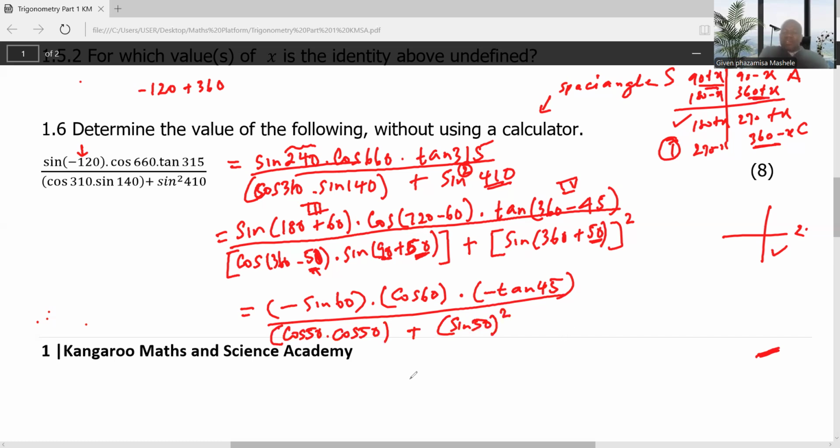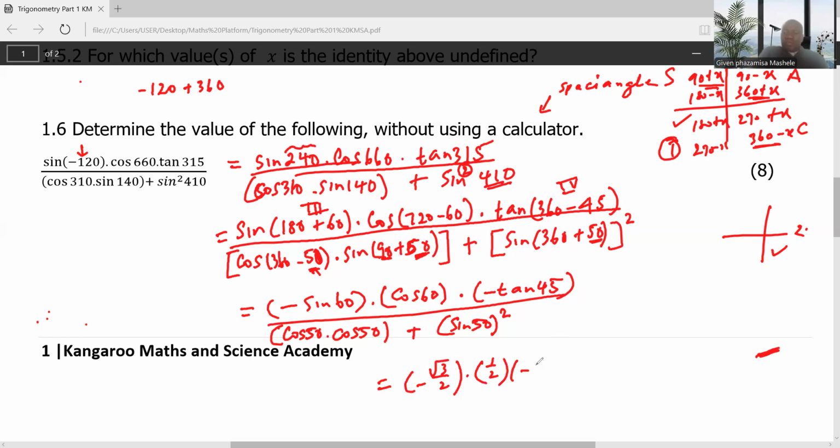Now let's work this out. What is sine 60? Sine 60 is root 3 over 2. Since there's a minus there, we're going to say negative root 3 over 2. What is cos 60? Cos 60 is half. And what is tan 45?